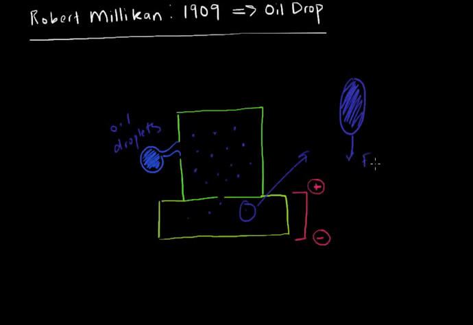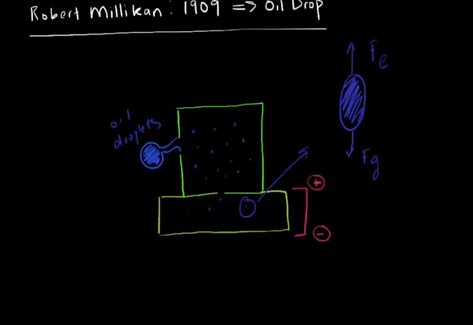The force of gravity is pulling down. There's an electrostatic force pushing up. This droplet is actually going to be suspended, or it's going to move very, very slowly because of these counteracting forces. And because Millikan could sit there and record the very, very small speeds of these droplets, he was actually able to measure the magnitude of a charge on an electron, giving these droplets a net negative charge.